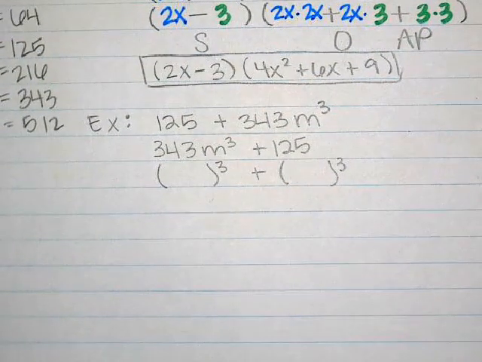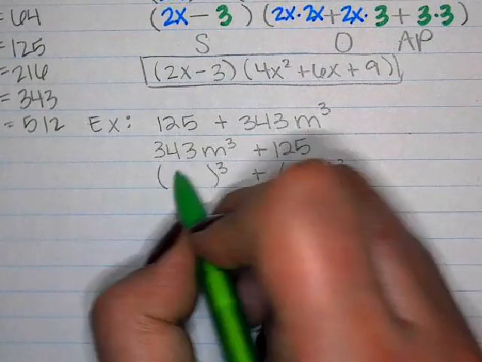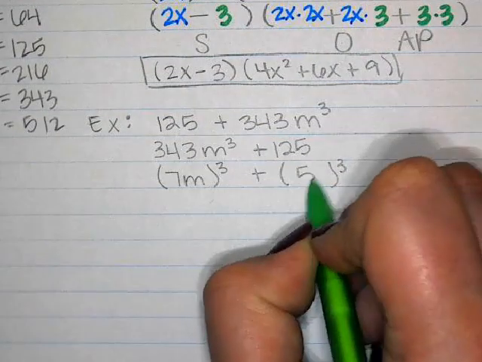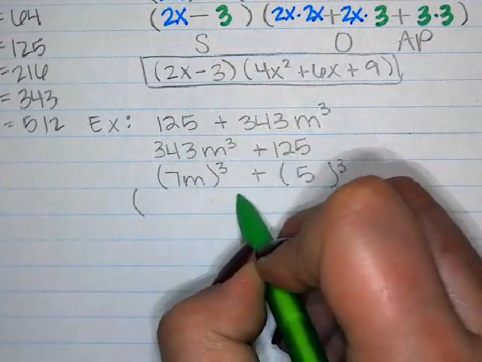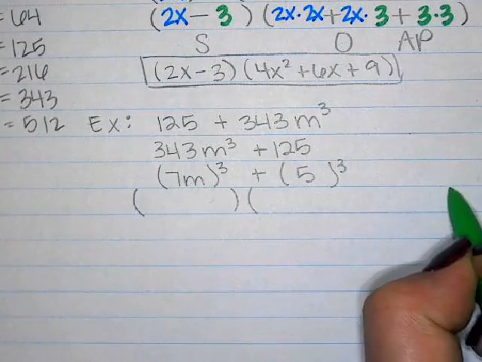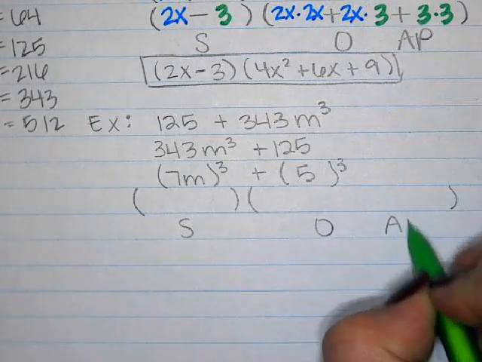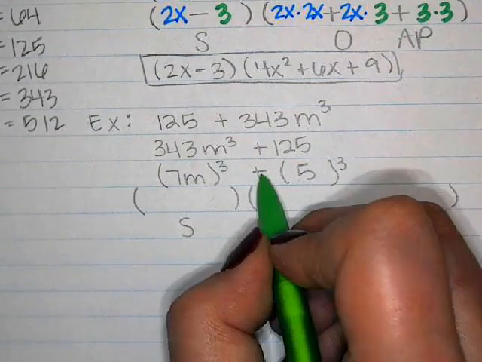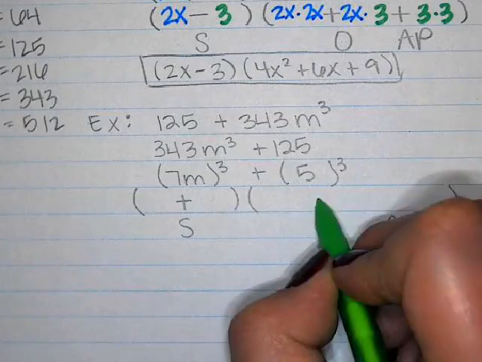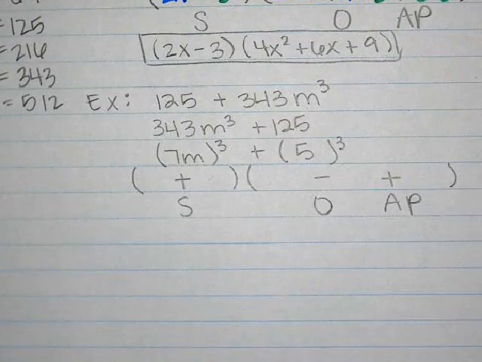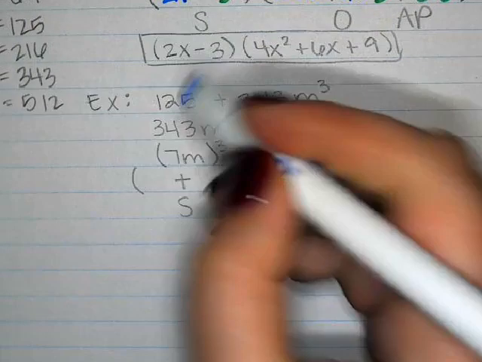5. Okay, what should I have second? 5. Okay, so we're going to have a little set of parentheses and a big set of parentheses. And we're going to remember SOAP. So we have the same sign, the opposite sign, and always positive. And now I'm going to do my colors. So I do my first color once for the small parentheses and twice for the big parentheses.